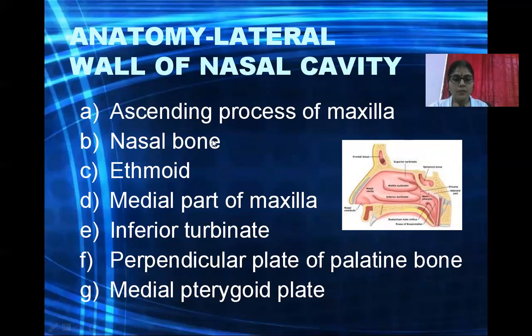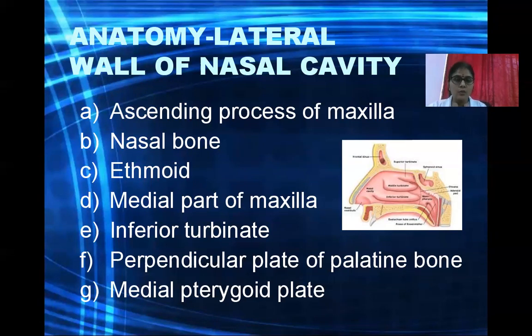It has ridges and furrows with multiple openings for the paranasal sinuses. It forms the drainage pathway for the paranasal sinuses, as well as drainage of the secretions from the lacrimal gland, through which the fluid comes out via the nasolacrimal duct and opens into the inferior meatus.